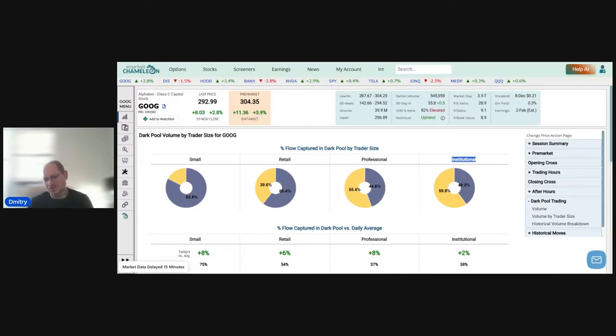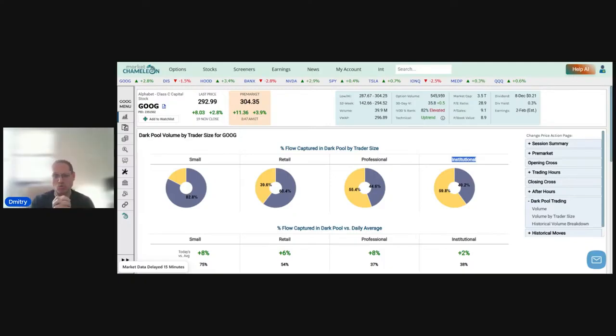And think of it like this: if you're an institution trying to accumulate shares, the less you take from the limit order book, the better, because when you take liquidity from the limit order book on the lit exchanges, that moves the market, right? The dark pools don't move the market because they don't touch the lit bids and offers. But once you take the liquidity from the lit exchanges, that actually moves the market.